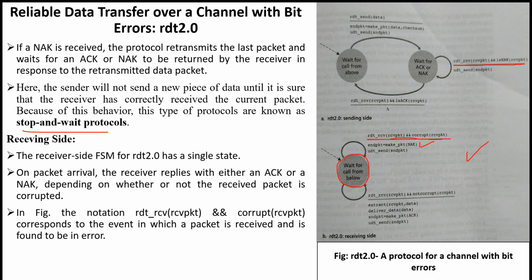If the receiver has received a packet without any error, that is this event, RDT receive packet and not corrupt receive packet, then it extracts the data, sends the data to the upper layer, and sends an acknowledgement to the sender.